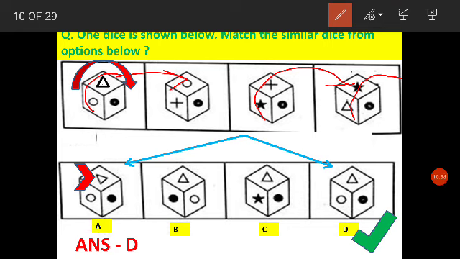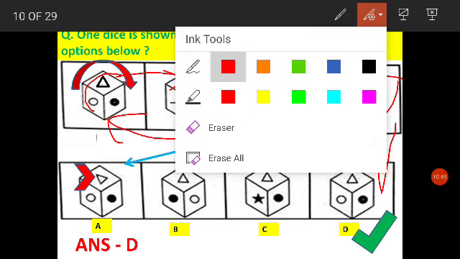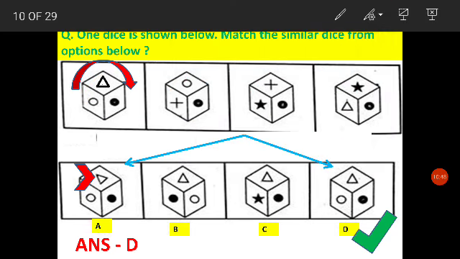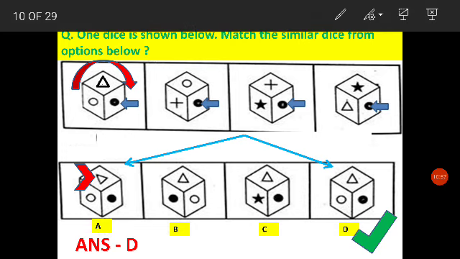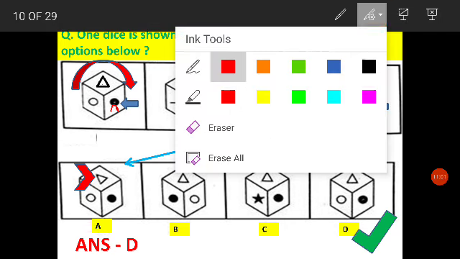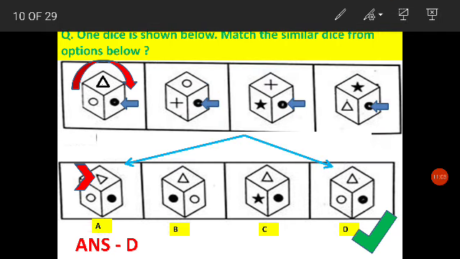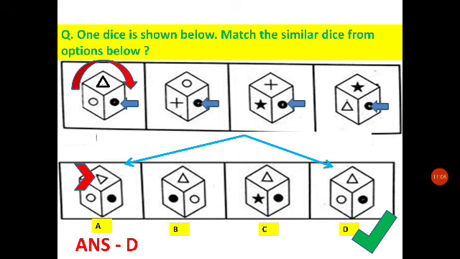So when the triangle goes on top, you'll actually see the same figure here, and that's why this becomes our answer. And the dice is actually rotating along the same point, that is this black dot. So hope it is clear.